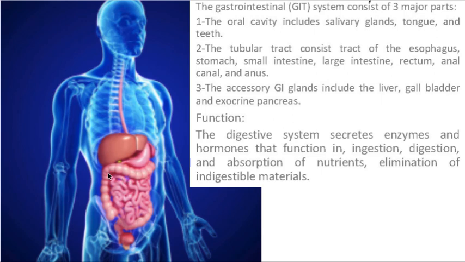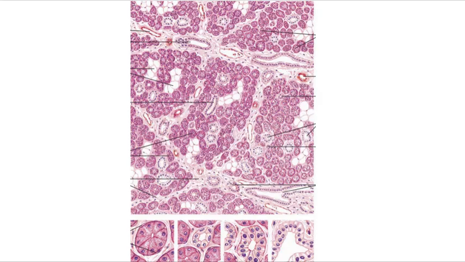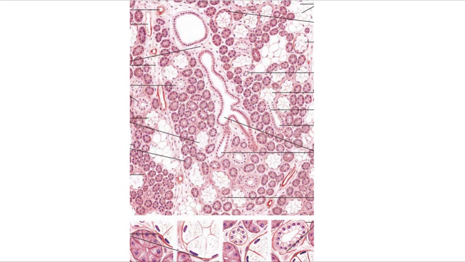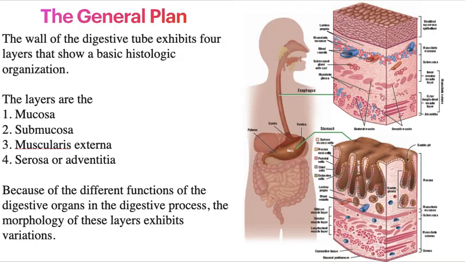And we are all aware that the digestive system secretes enzymes and hormones that function in ingestion, digestion, absorption of nutrients, and elimination of indigestible waste. So, coming to the basic general plan, the wall of the digestive tube exhibits four layers that show a basic histological organization.